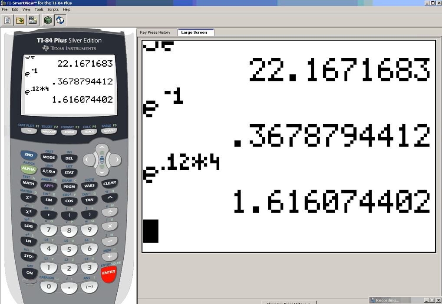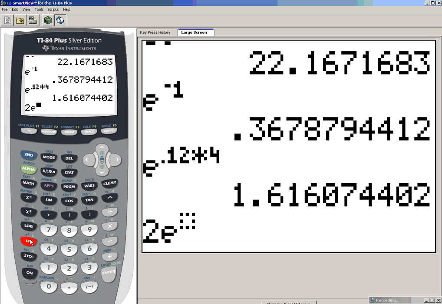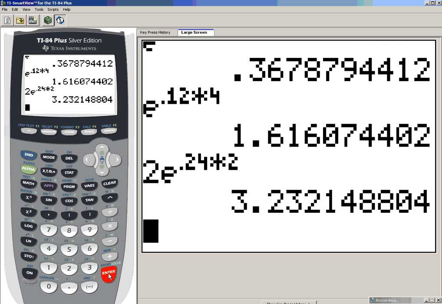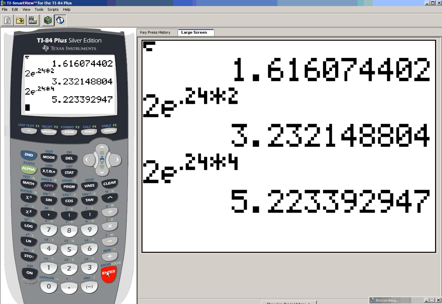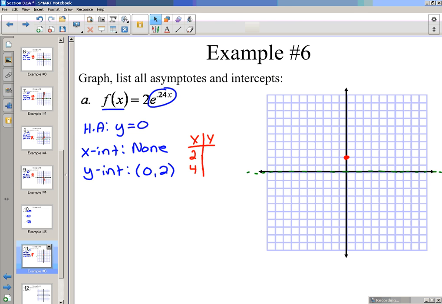So we have 2 times e to the 0.24 times 2 power. Remember, you can go second function, enter to pull up that last entry. Now let's just go up and change that 2 to a 4. And we get that. So 3.232, 5.223. Record those in your XY chart.